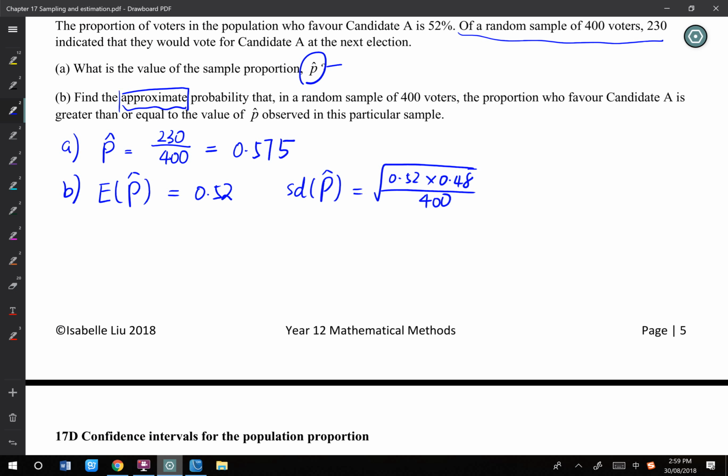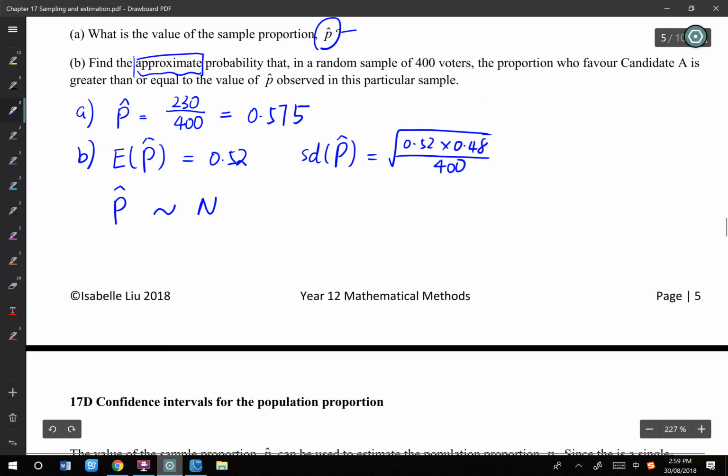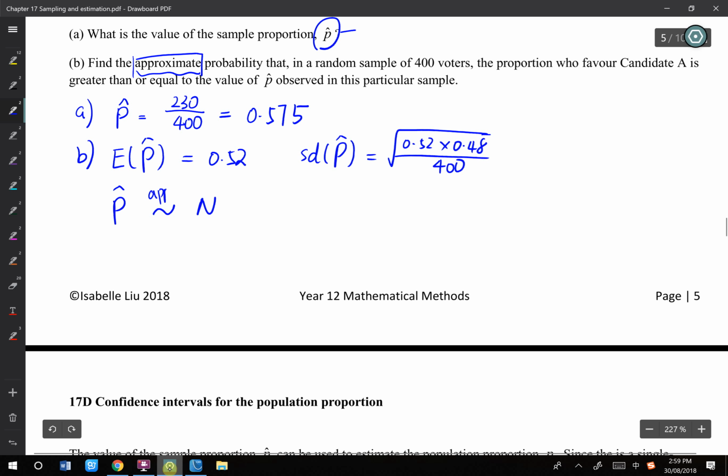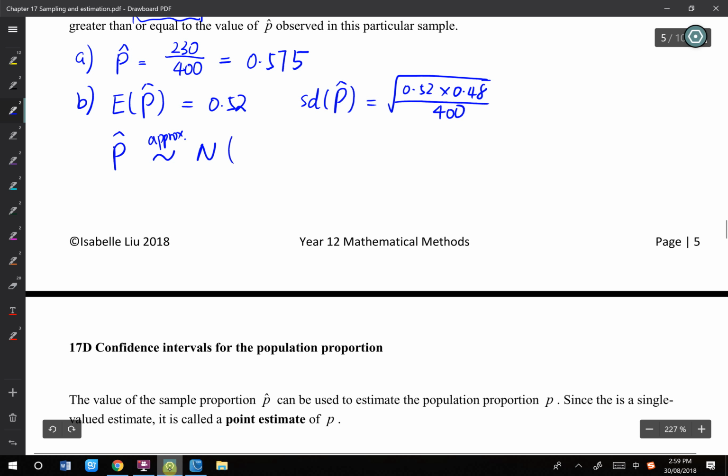Now what I'm going to do is state the distribution for P hat. P hat is an approximate normal distribution. It's not exact, it's an approximate normal distribution with the same mu and same standard deviation as the exact distribution.